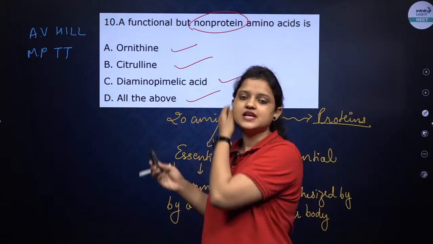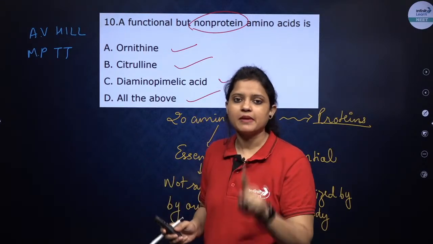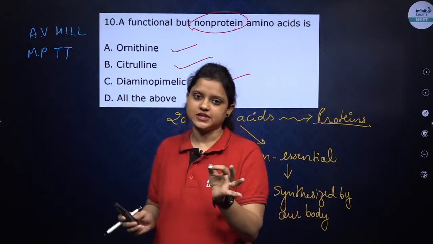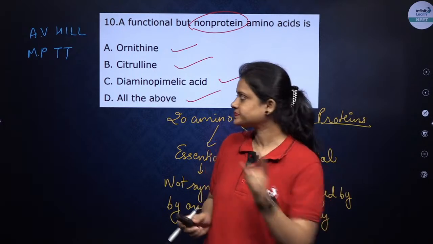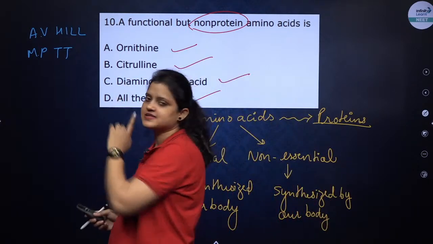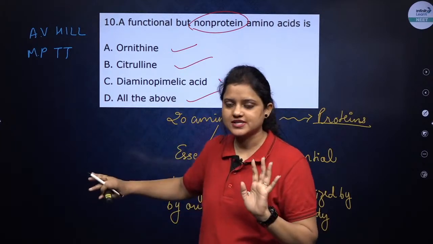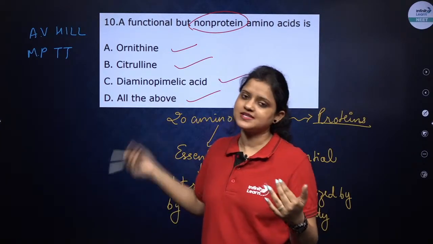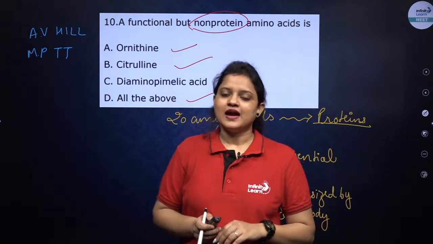Now these are the names of the essential amino acids. Remember arginine and histidine are the semi-essential amino acids, and the rest of the amino acids apart from these will be non-essential amino acids, right? Understood everyone?